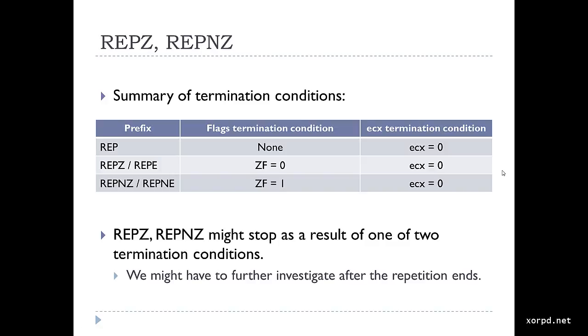Rep Z and rep NZ might stop as a result of one of two termination conditions. This is not true for rep because there is only one termination condition for rep. But for the rep Z and rep NZ, it is a bit more complicated. There are two conditions.